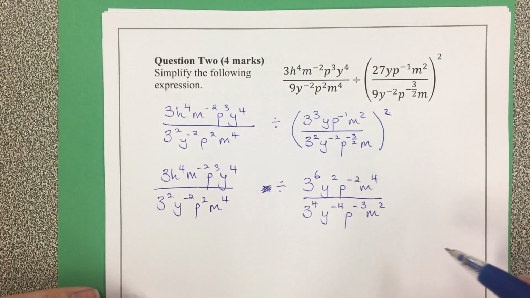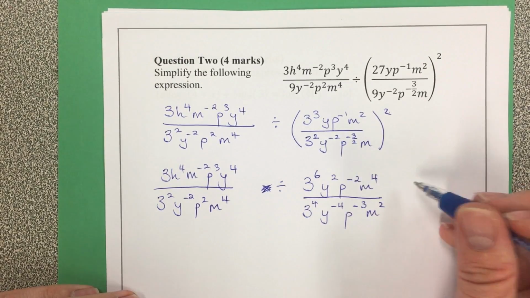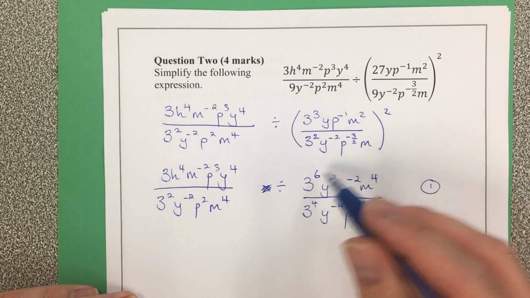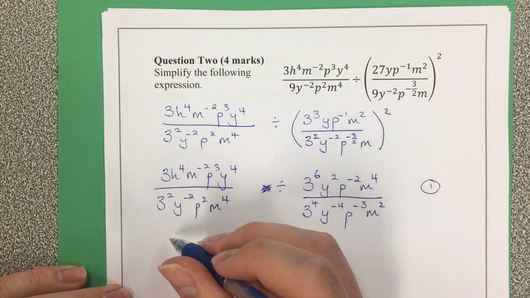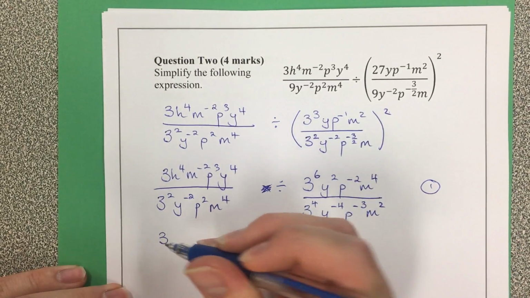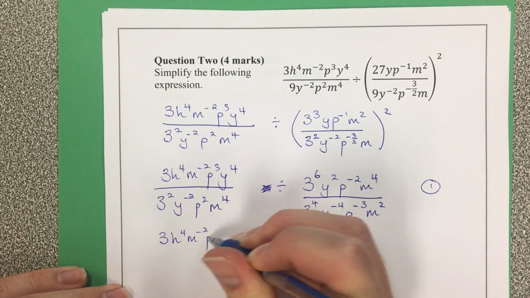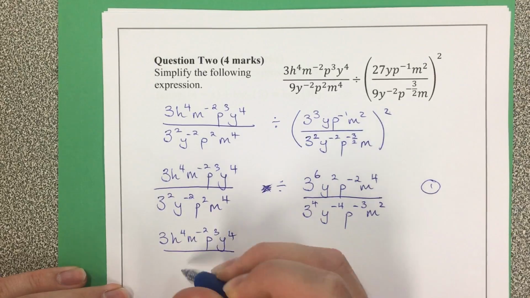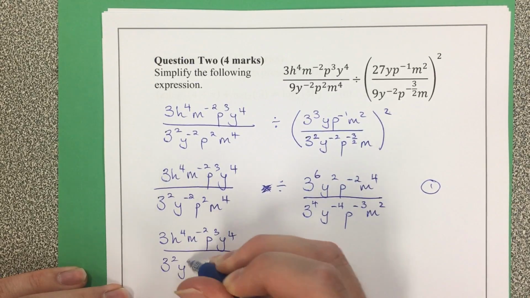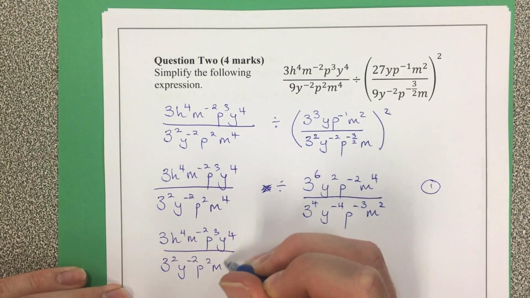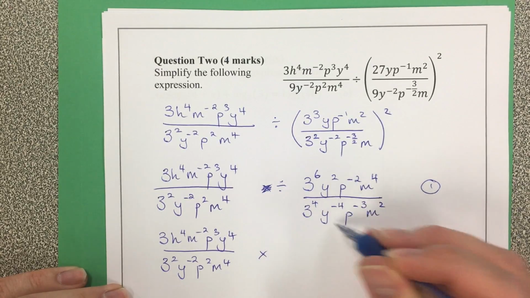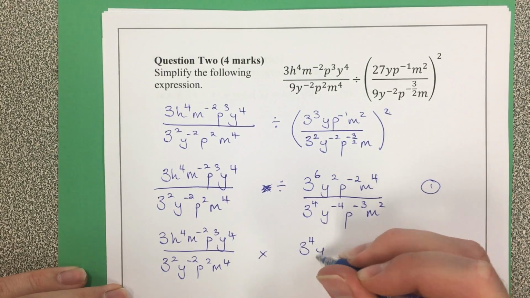Now, that would have got me a mark for getting the correct squaring in there. So now I can do my flipping of things over. When you're dividing fractions, it's the same as timesing the reciprocal, which means I times and then flip this one upside down.